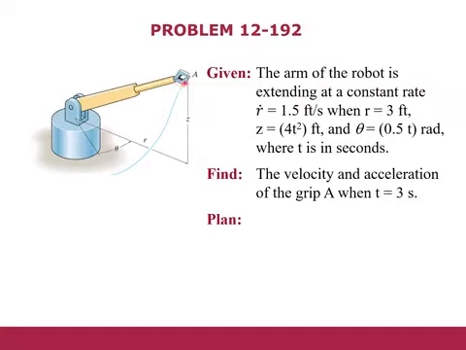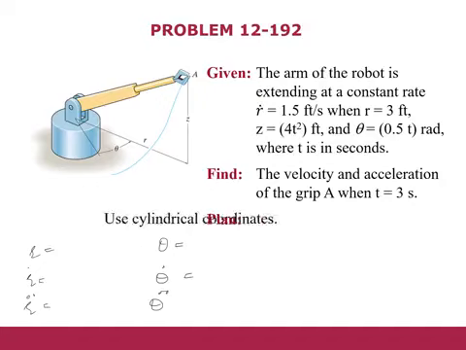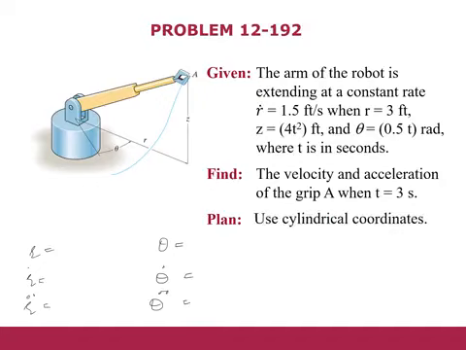So I have told you that for solving such a problem, first we need to calculate r, r dot and r double dot, right? Then we will calculate theta, theta dot, theta double dot, and then we calculate z, z dot and z double dot, right?